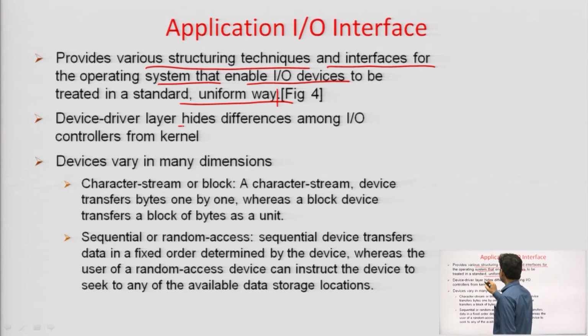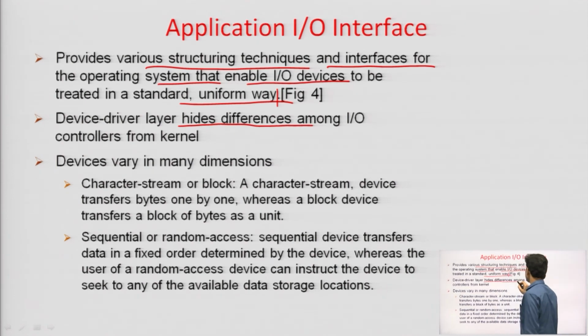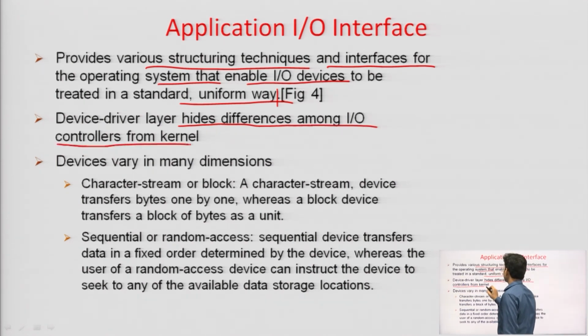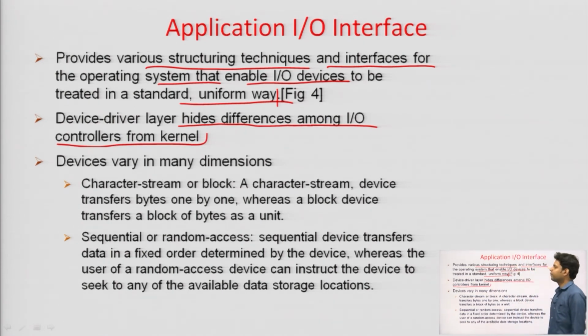The device driver layer hides differences among input output controllers from the kernel. The device driver is responsible for hiding the differences among input output controllers. Controllers vary: the controller of a keyboard is different, the controller of a mouse is different.